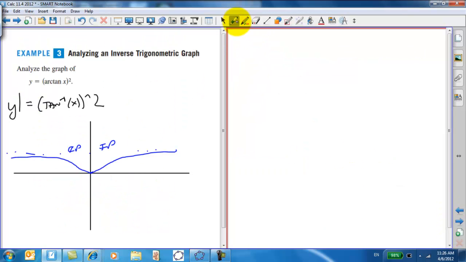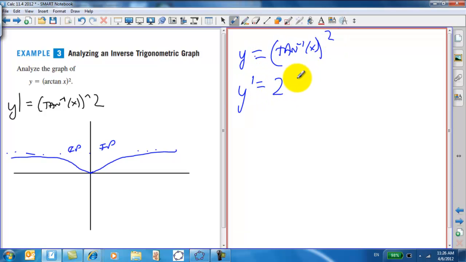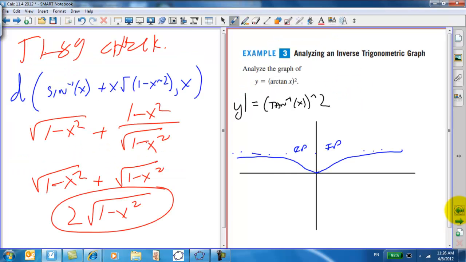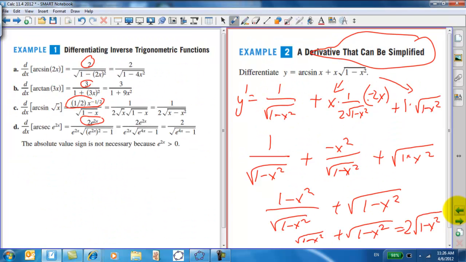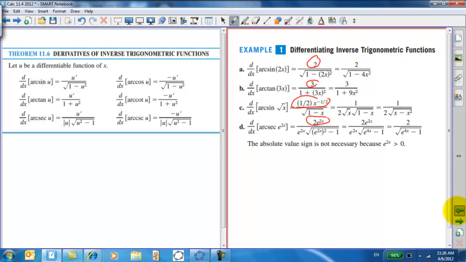So for y prime, if y equals the inverse tan of x squared, the derivative will be 2 times the inverse tan of x squared times the derivative of the inverse tan. And remember what that was? Let's go back. I think it's 1 plus 1 over x squared. Oopsie.